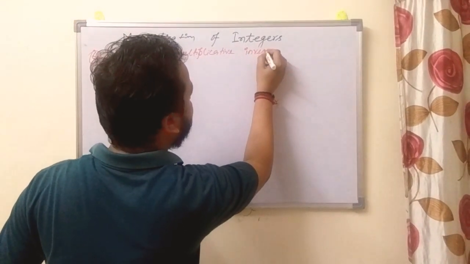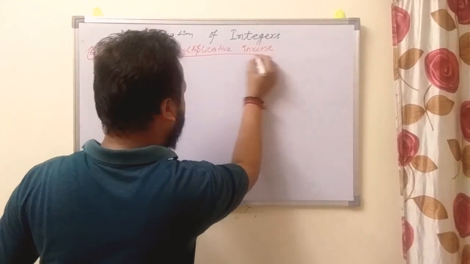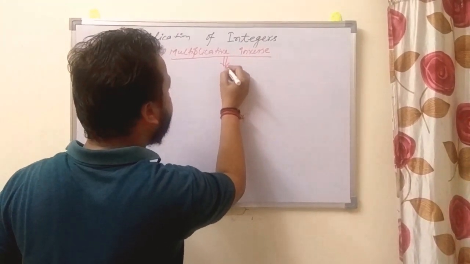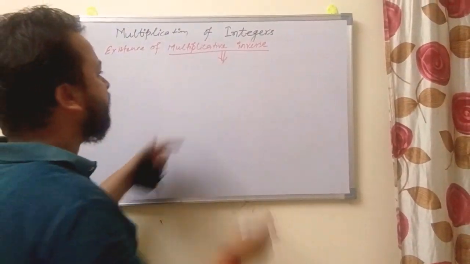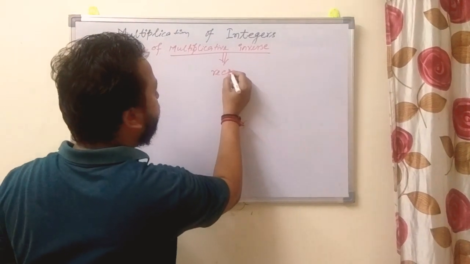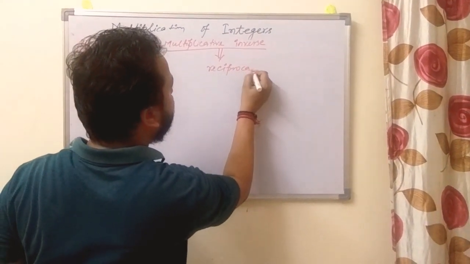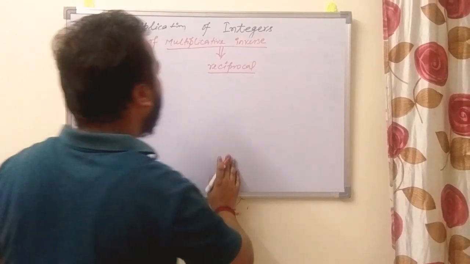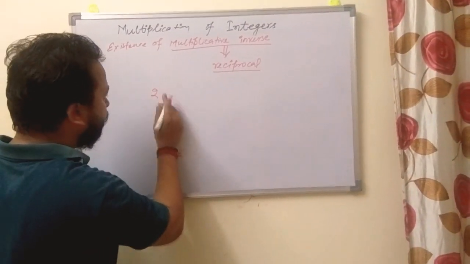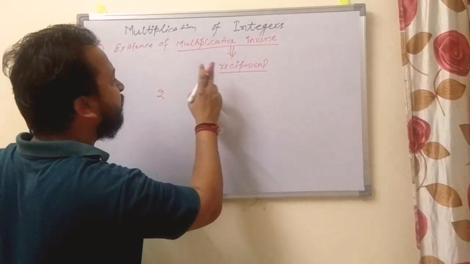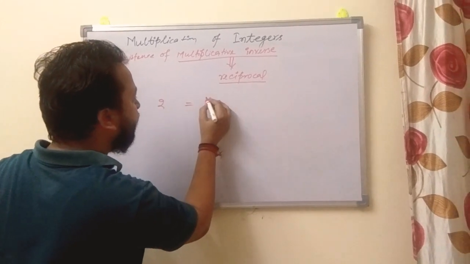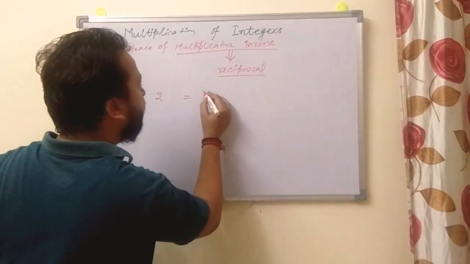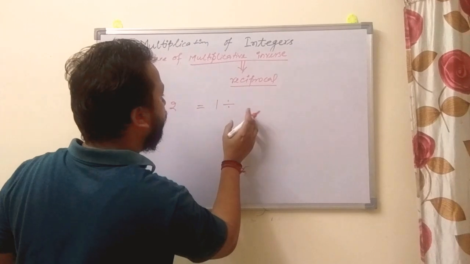Multiplicative inverse. So students, multiplicative inverse means reciprocal. Suppose you have a number 2, the reciprocal of 2 means you have to divide 1 by 2.